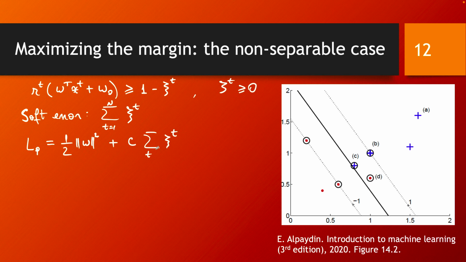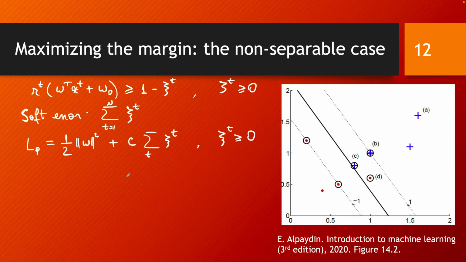And this is going to be subject to the constraints, so xi t greater than or equal to 0. And C is this so-called penalty factor, and this was the same in any other regularization scheme that we've discussed in other types of machine learning models.